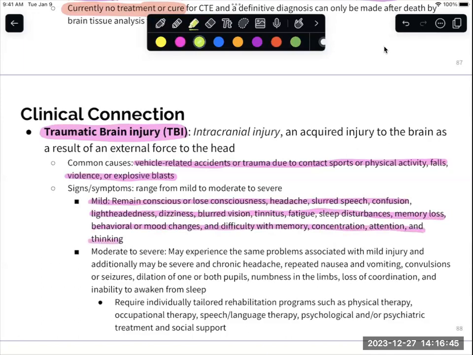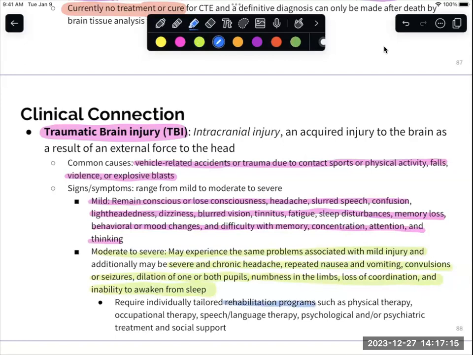While somebody who has more moderate to severe, they can have all the same symptoms, but they may have more severe chronic headaches, repeated nausea and vomiting, convulsions or seizures, dilation of one or both of their pupils, numbness in their limbs, loss of coordination, and the inability to wake from sleep. These people usually need some sort of rehabilitation program.